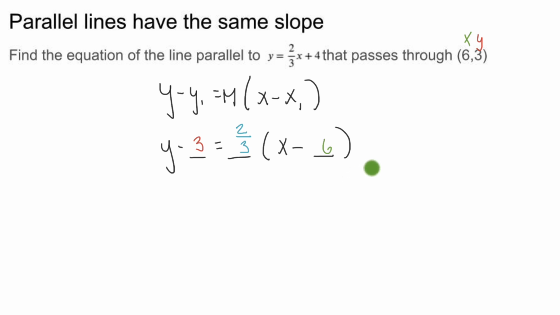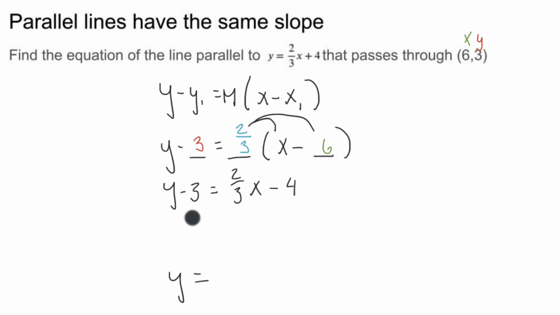If they want it in slope intercept, you're just going to have to distribute and then add 3. So 2/3 times x is just 2/3 x. And 2/3 times -6 is -4. If we want this in slope-intercept, so y equals mx plus b, all we need to do is eliminate this -3.